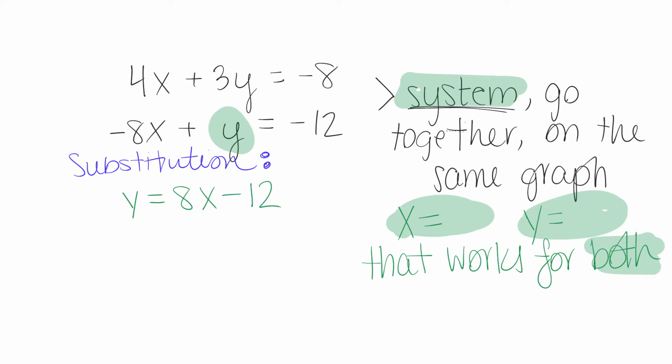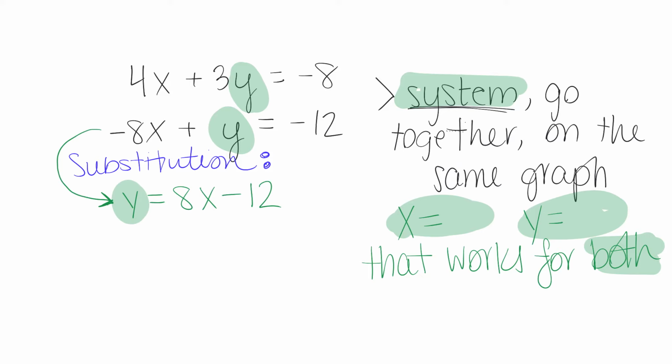All right? So do you see how I've done nothing but just rearrange this to this? Now that I've solved this for an individual variable, it does not matter if it's x or y, I'm going to take it and substitute it in for the y of the other equation because they have to be the same.